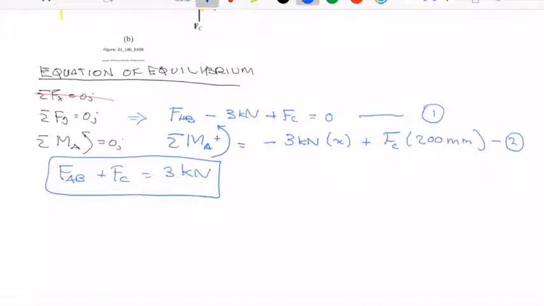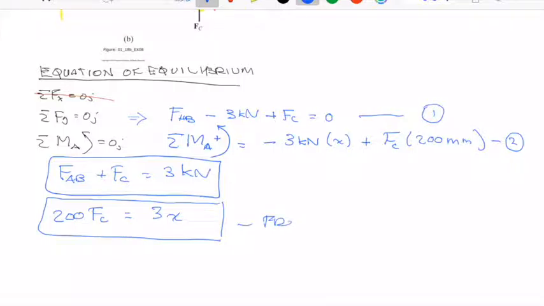And I also have 200 FC equals 3x, and this one comes from equation 2.